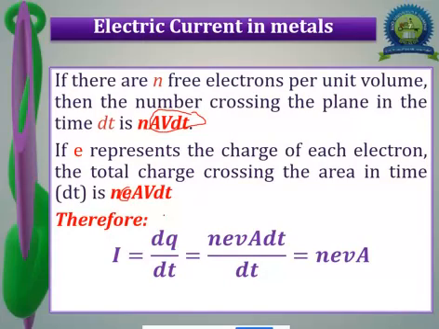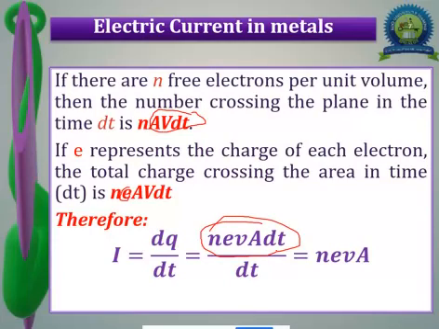And so therefore, we can write that our current I is equal to Q over dt, which we have established earlier, and the Q is what we have here, and that is placed here.